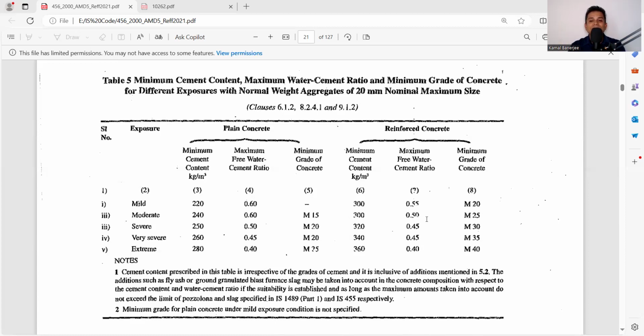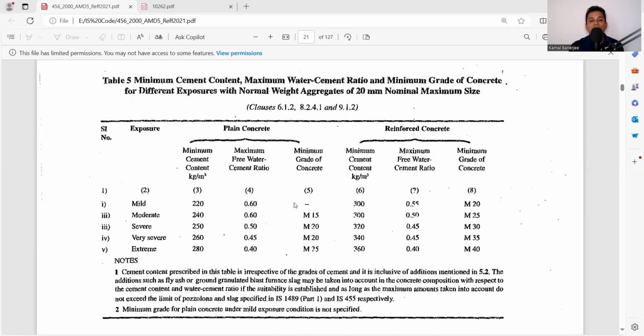Now, what will be the maximum water cement ratio? That will be 0.45. So the maximum water cement ratio we can use is 0.45 and the minimum cement content is 320 kg per cubic meter. These three parameters are very important when we are preparing a concrete mix design.